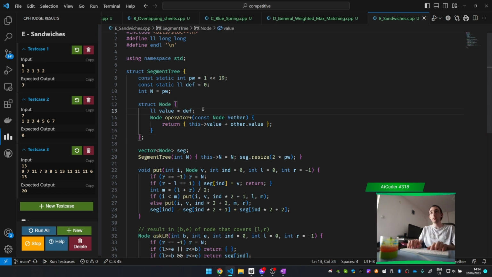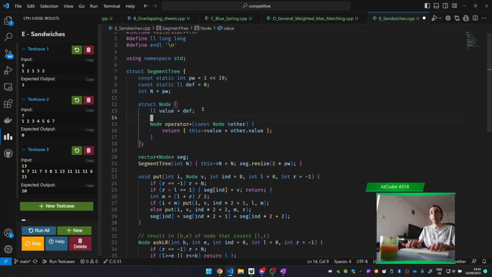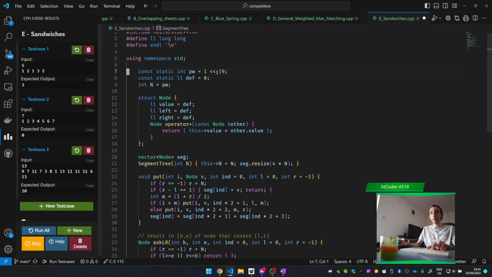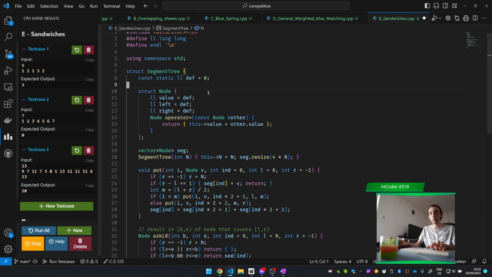In the node, I want to have two things: the value of the node, and whatever is on the left and on the right. Okay, so this here is just 4 times n. Just fix this because it will sometimes overflow.